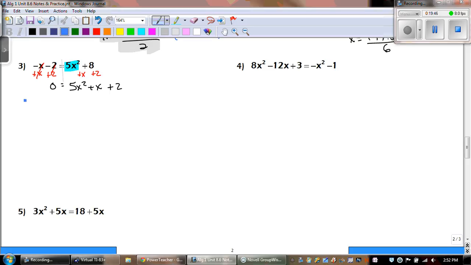Okay, so I know that a equals 5, b equals 1, and c equals 2. All right, why don't you guys pause the video and see if you can get all of the numbers for the quadratic formula in the correct place. Okay, good luck.